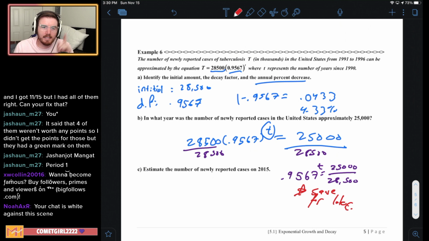Let's estimate it. Let's try to guess, quote unquote, guess when that occurs, all right? Sort of like question C. Estimate the number of newly reported cases in 2015. Well, I guess it's not like C. I kind of spoke too soon there. Sorry. We're going to kind of guess, okay? And by guess, I mean we're going to use Desmos.